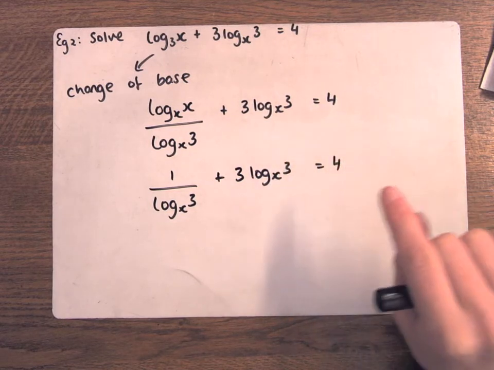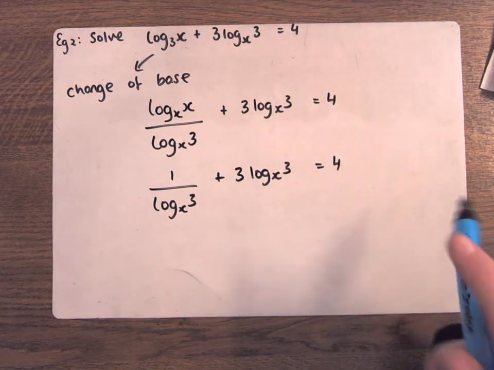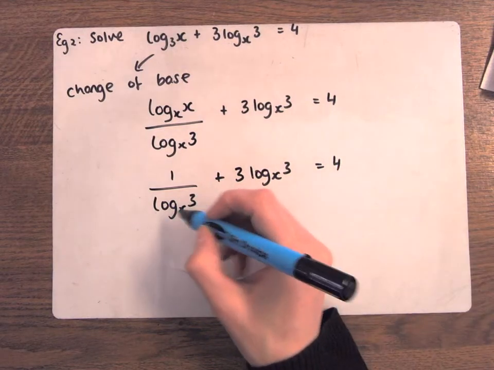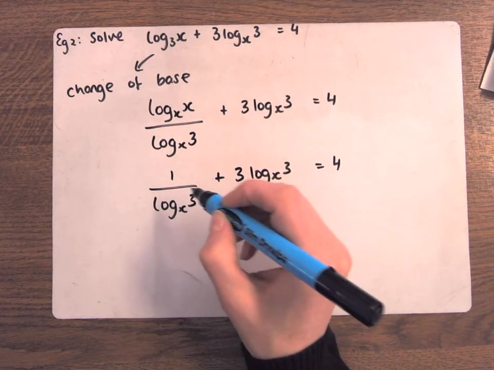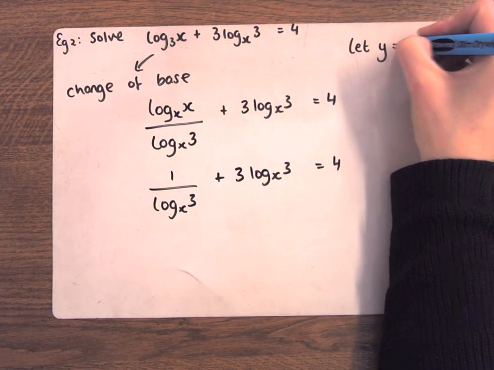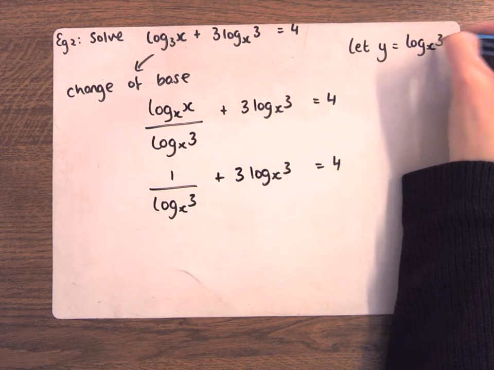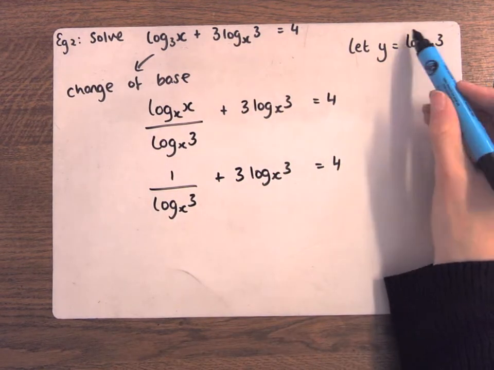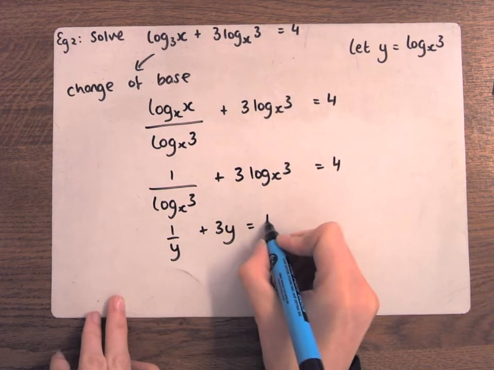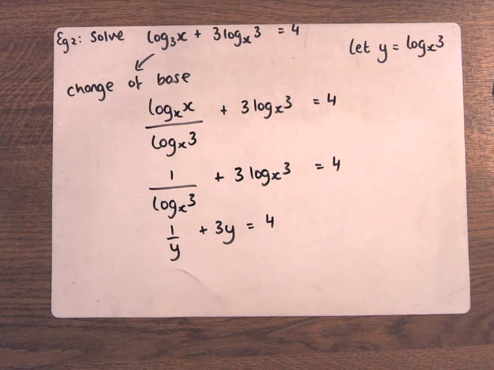I don't have a power, so I can't just bring it over. Could I do this? Let y equal this thing. So what I get is 1 over y plus 3y equals 4. I can always just substitute in, as long as at the end I go back.